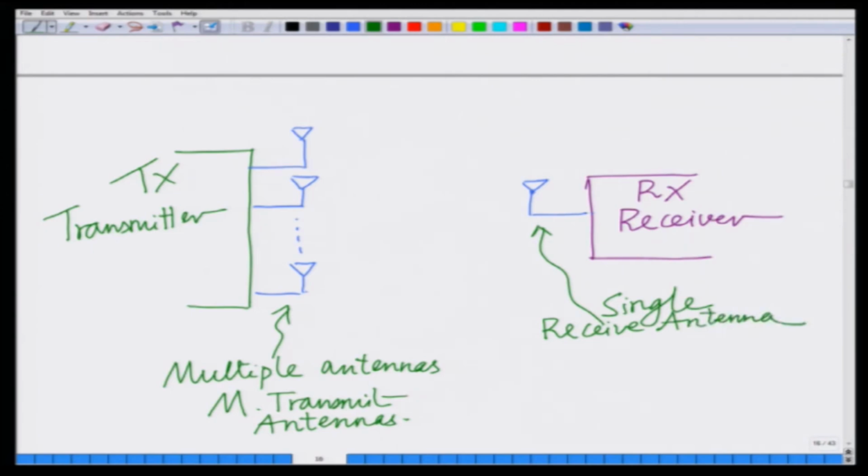For instance, we can consider a simple scenario where the transmitter is a base station and the receiver is simply your mobile or mobile station. The transmitter is larger in size, so it can have multiple antennas.